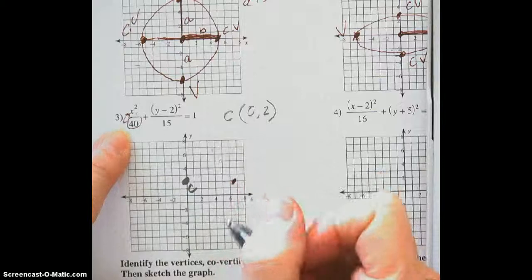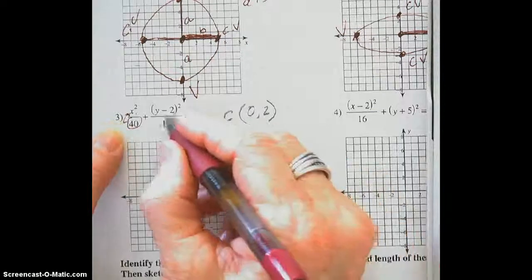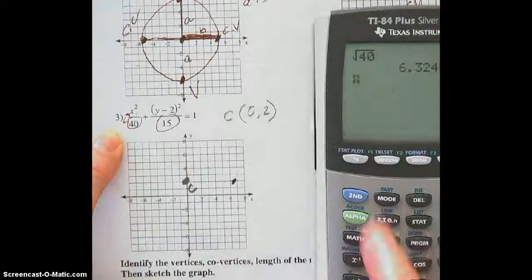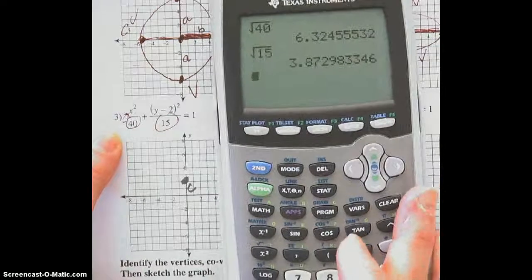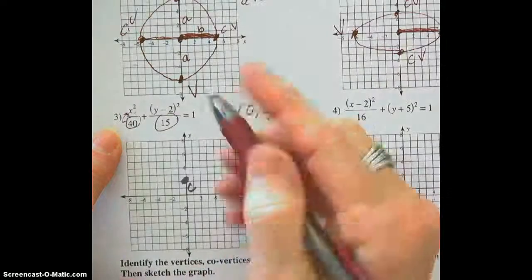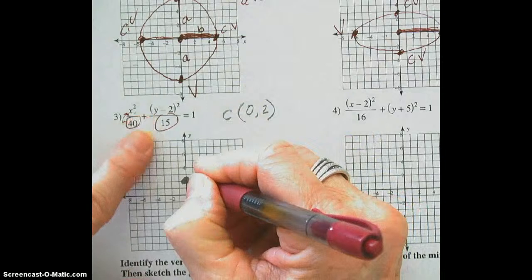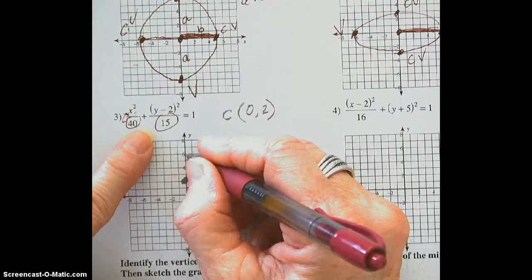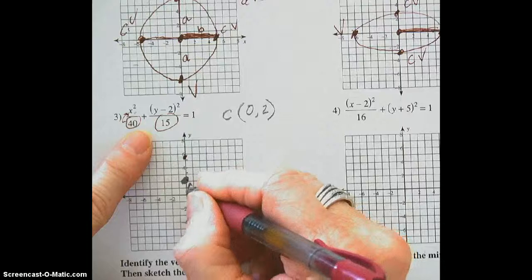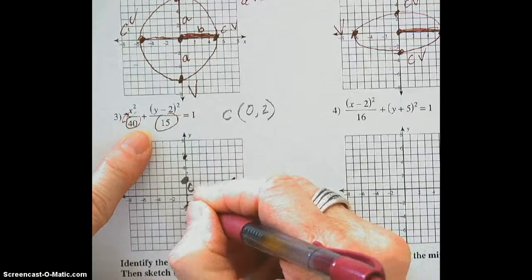Why the x direction? Because this number is underneath the x. Oh, the square root of 15 is not pretty either. It's a little bit less than 4. What is it exactly? 3.87. So we're going to go in the y direction 1, 2, 3.8, almost 4.